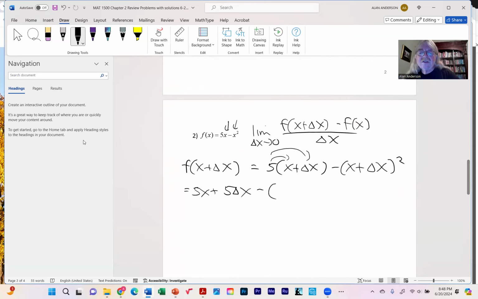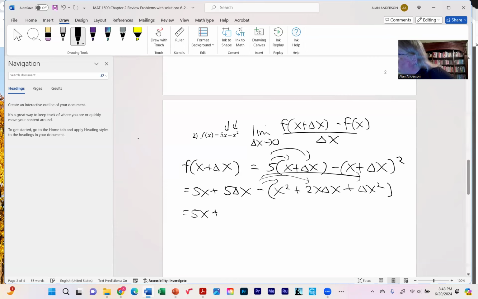But here's where we have to watch it. The entire expression is being subtracted. That's why I wrote it in parentheses, to remind us. And now this negative is being applied to each of these terms, as is so often the case.